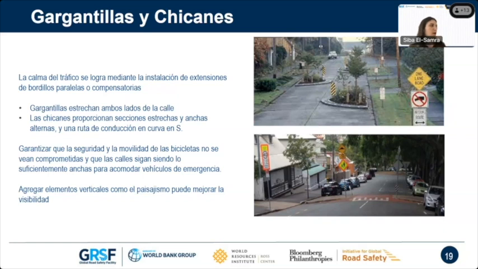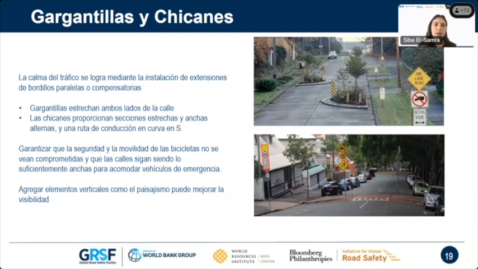We start talking about chokers and chicanes. These are more or less similar with a slight difference. Both are curb extensions at a certain point along the road. The chokers are a parallel curb extension, narrowing the road at the same point, while the chicane is more of an offsetting curve, so an extension followed by another to create this S shape that I mentioned earlier.